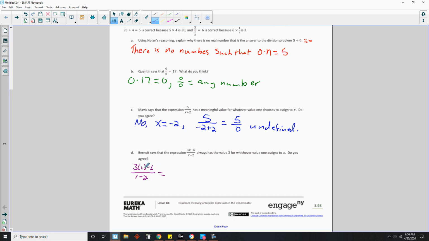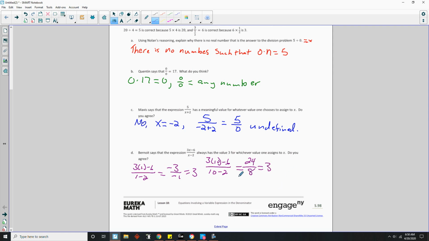So if I put a 1 in here, 3 times 1 is 3. 3 minus 6 is negative 3. 1 minus 2 is negative 1. That equals 3. Okay? Let's choose a bigger number, 10. 3 times 10 minus 6 over 10 minus 2. 30 minus 6 is 24. 10 minus 2 is 8. 24 divided by 8 is 3.